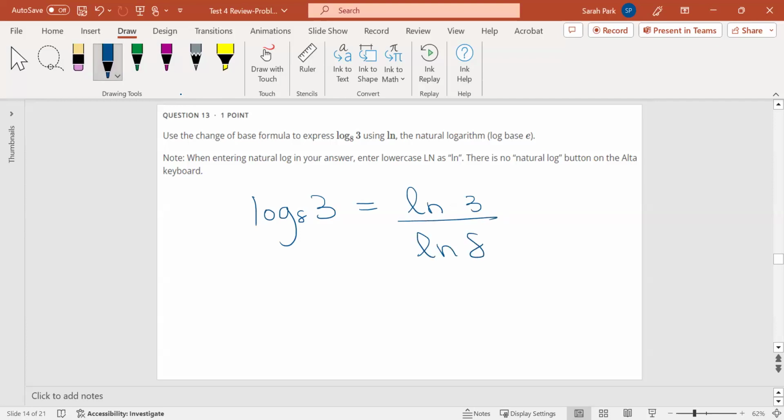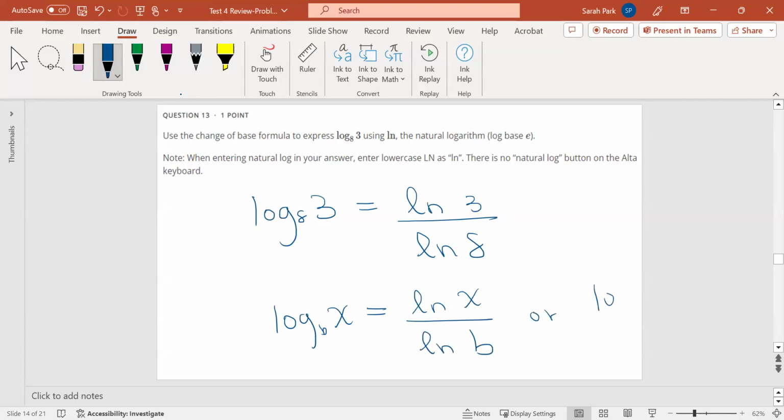And this is true for any of the change of base formula. If you have log base b of x, you can write it as ln of x over ln of b.